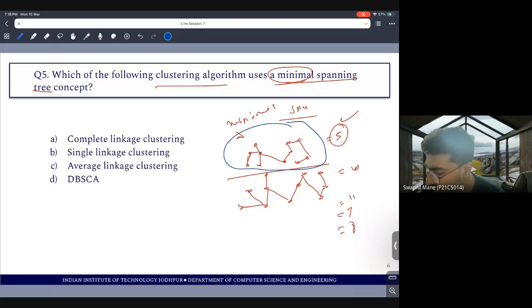How do we get them? Where there is a higher distance between two points, we can cut there and make a cluster. Are you getting it? So this minimum spanning tree is used in single linkage clustering. This is the correct option for this question. Okay, let's move to another question.